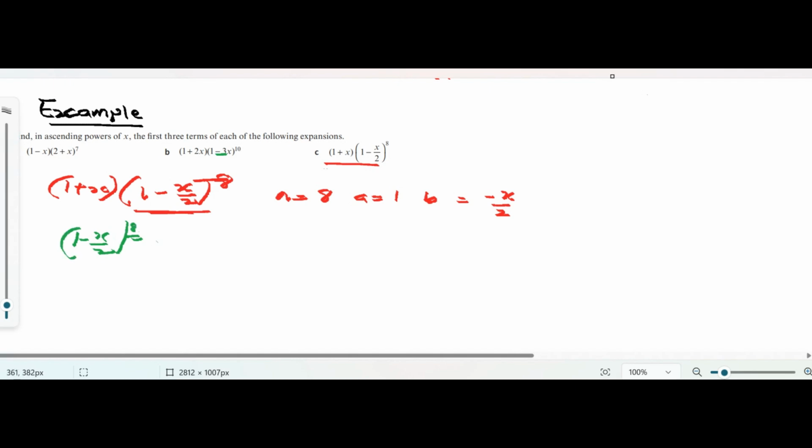So let's start. I have my n, that is 8 combination 0, and I have my first term 1 raised to power 8, plus 8 combination 1, first term raised to power 7, and the second term, which is my b, raised to power 1.